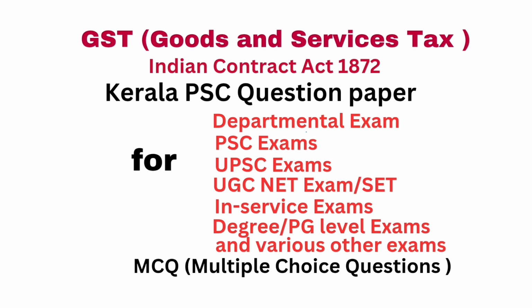Question number 7. Which section in CGST Rule 2017 insists display of registration certificate in a prominent location at his place of business and GST identification number? Answer, 18. Question number 8.